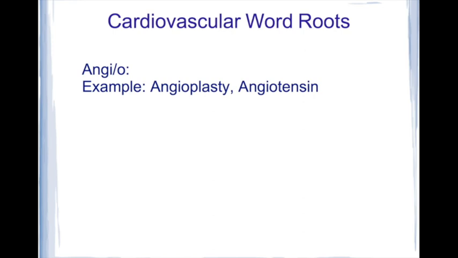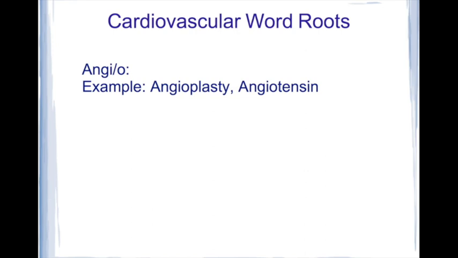A couple examples: angioplasty or angiotensin. So angio, again, we're in the cardiovascular system right now. So what is an angioplasty? Typically done if somebody has something like, let's say, arthrosclerosis or arteriosclerosis.